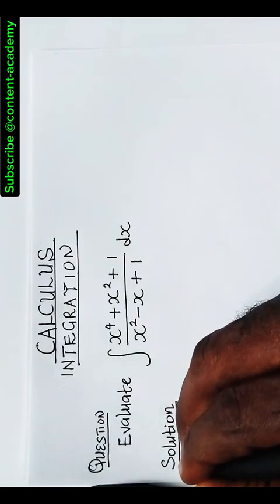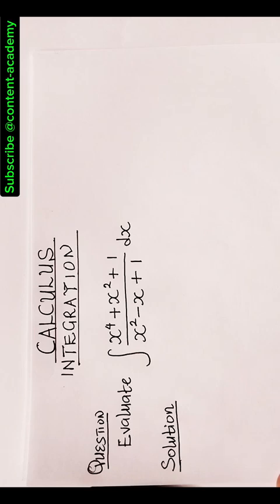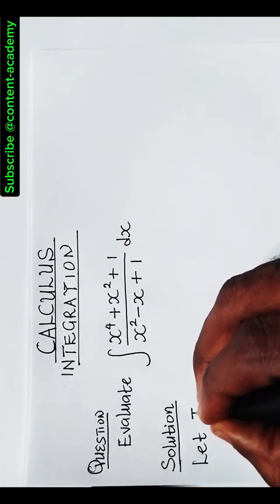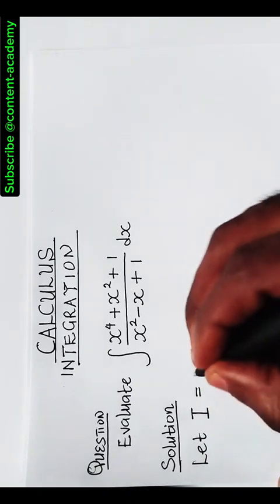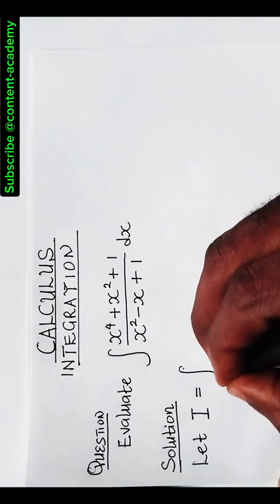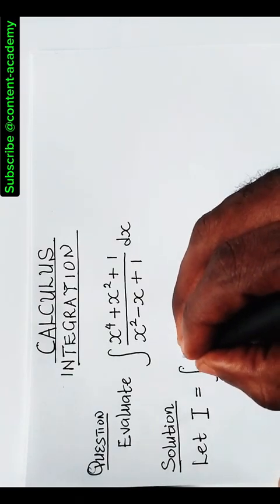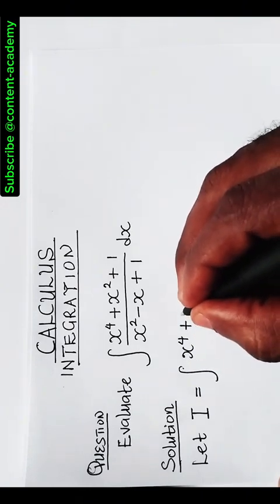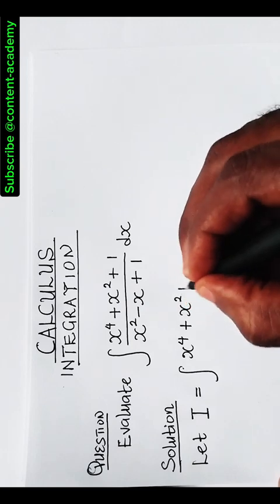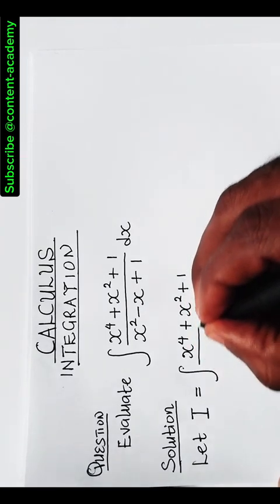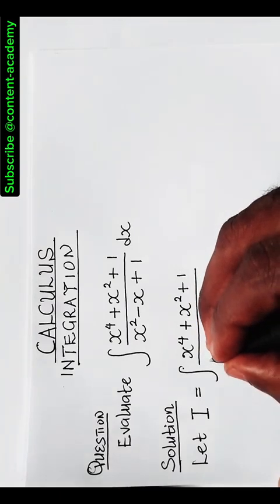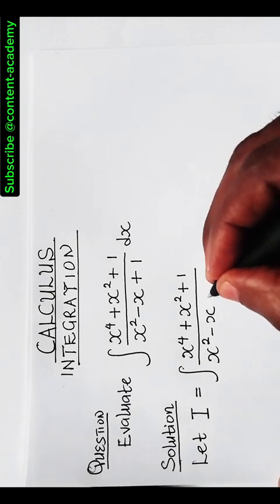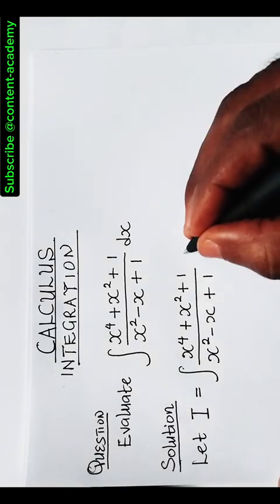So we are asked to integrate the equation here. Let I, which stands for the integral, be the integral of x^4 + x^2 + 1 all over x^2 - x + 1 dx.